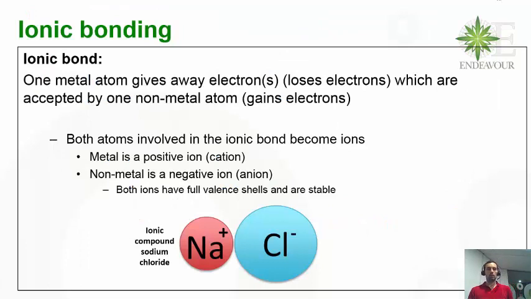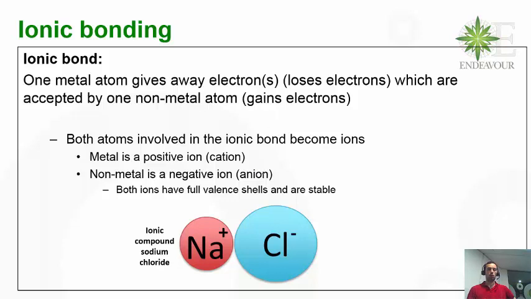So just to review some of the characteristics of the ionic bond now. So this is another type of our intramolecular force, ways that the groups of atoms can come together. But when these atoms come together, they actually turn into ions. So you have one metal ion giving away an electron to become more stable in terms of its valence electron shell, and a non-metal will gain the electrons that are lost from the metal atom.